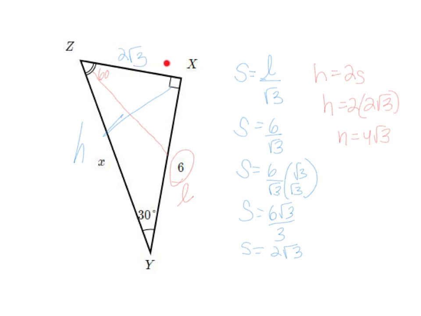I now know that the hypotenuse is 2 times the short side, so that's 2 times 2 times the square root of 3, and that's how I know that my hypotenuse is going to be 4 times the square root of 3.